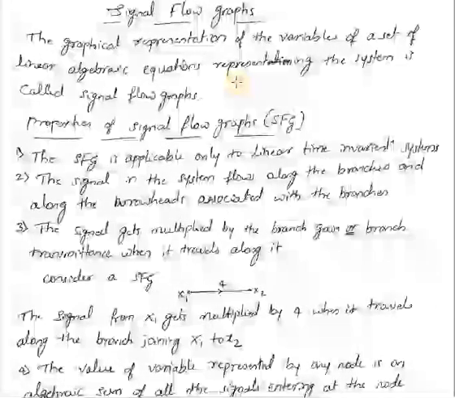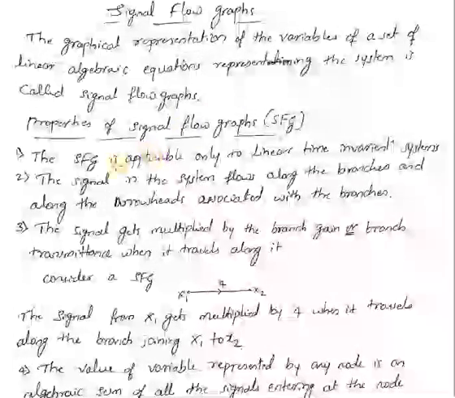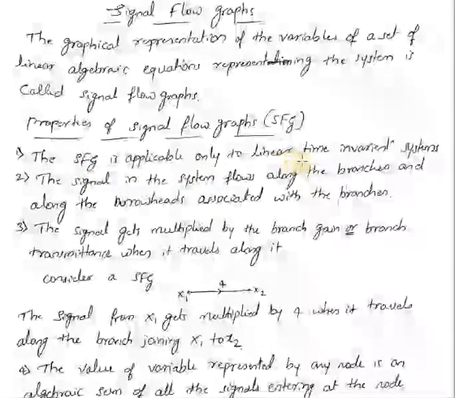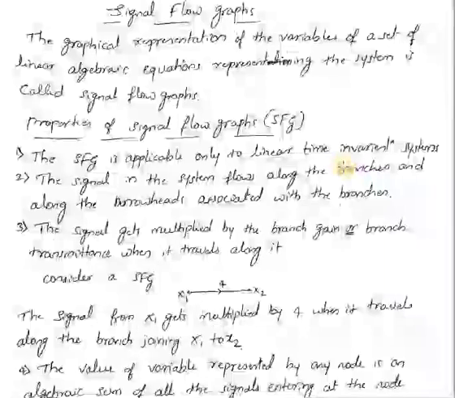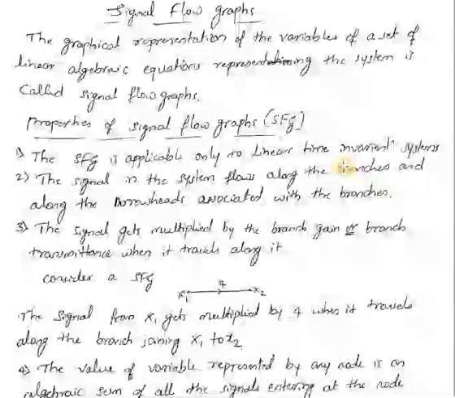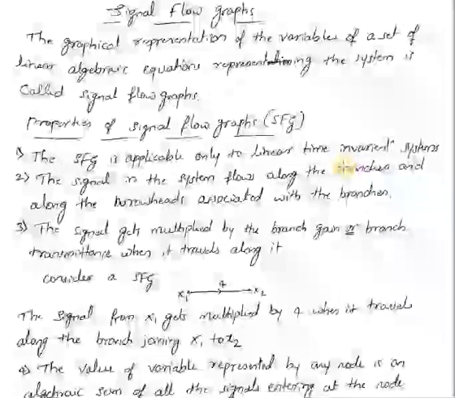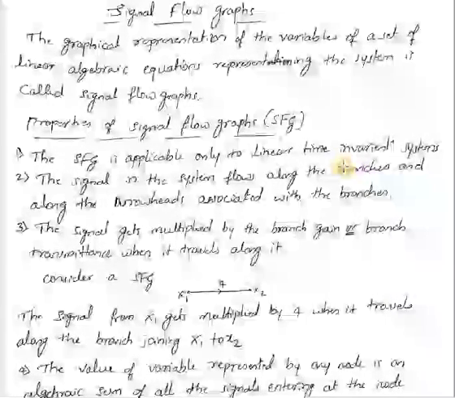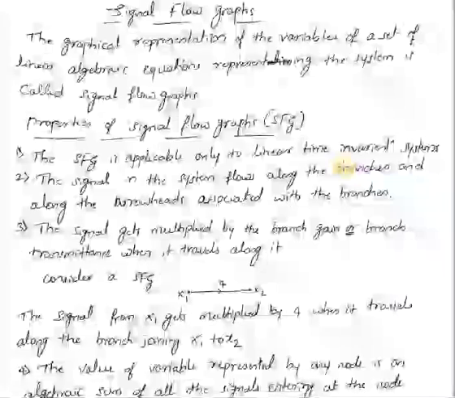Now looking at the properties of the signal flow graph. This SFG is applicable only to linear time invariant systems. If your system is non-linear, you cannot use the signal flow graph because it is very difficult to construct it for such kinds of elements.